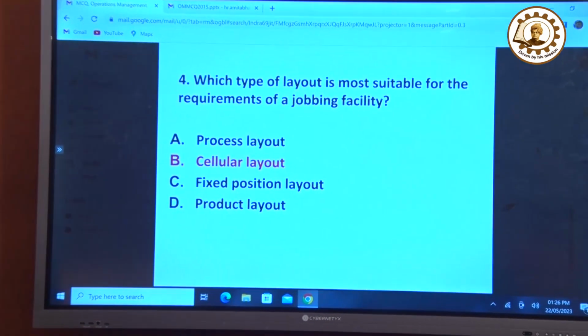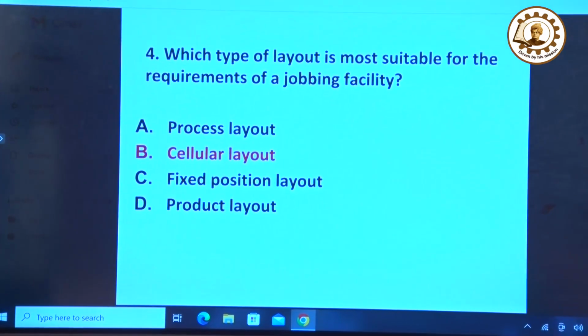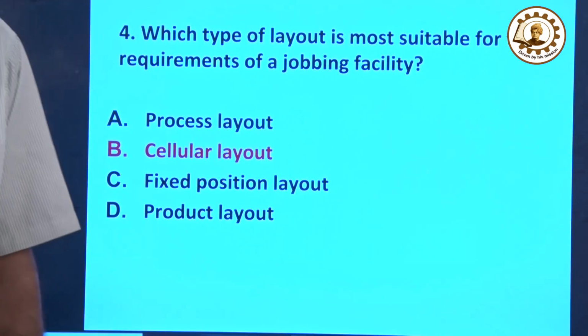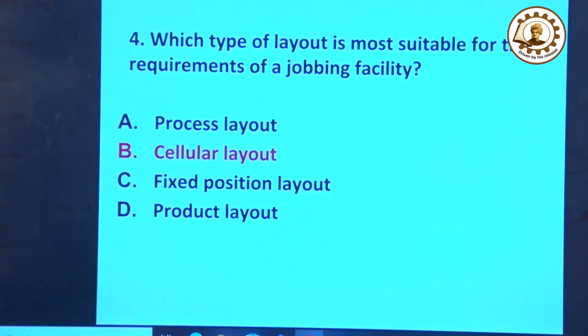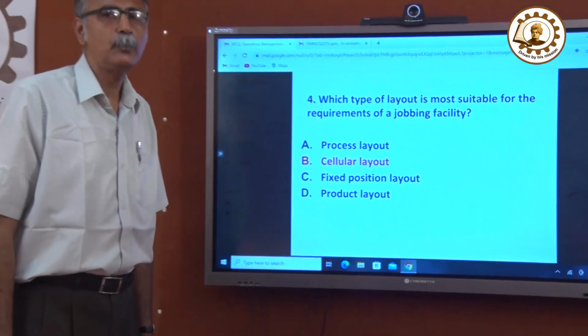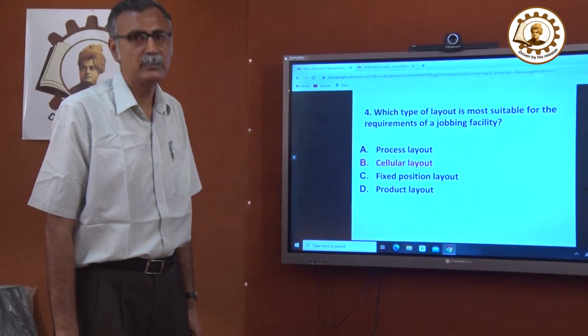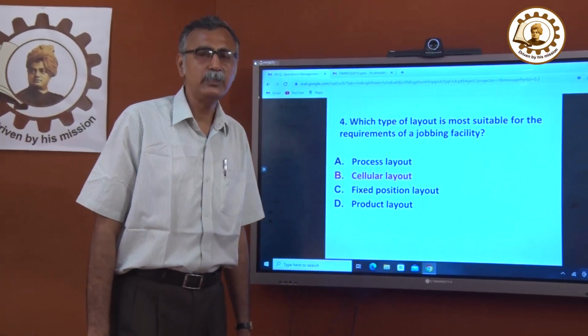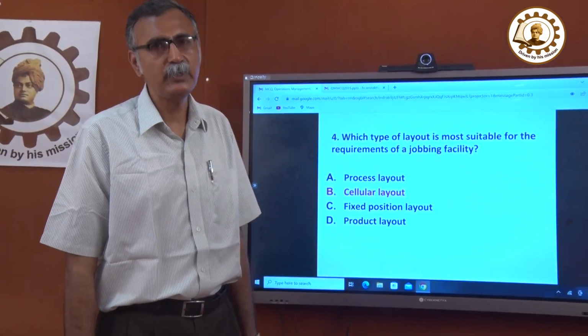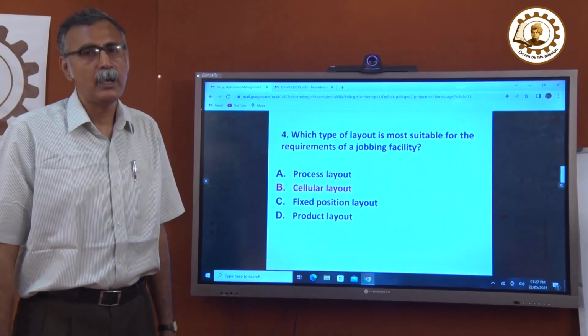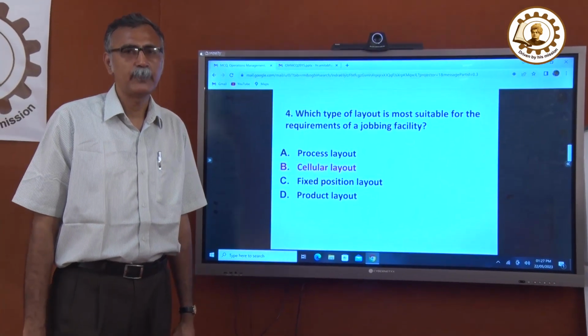Now question number 4: which type of layout is most suitable for the requirements of a jobbing facility? First we have to understand what a job is. Job is heterogeneous production according to the given order. For example, take a carpentry shop.